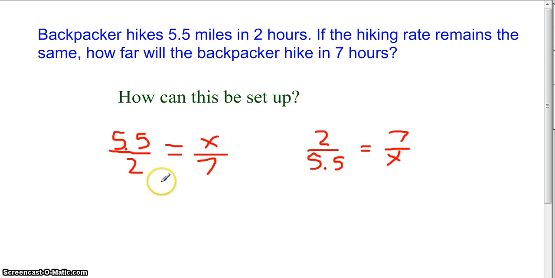If I have a proportion and I flip both ratios, the proportion maintains equality, which is kind of awesome. Another way we could have written this is 5.5 is the number of miles that the hiker went in 2 hours. So, how many miles x would a hiker go in 7 hours?